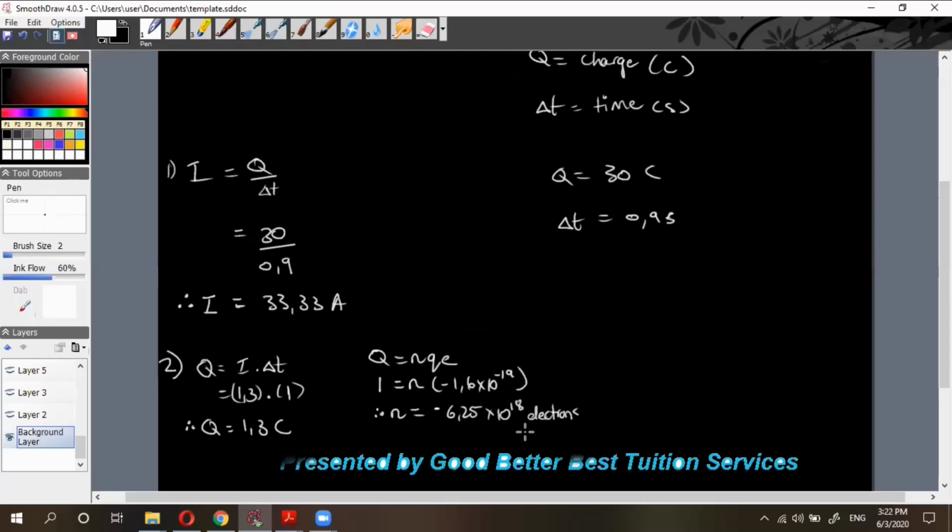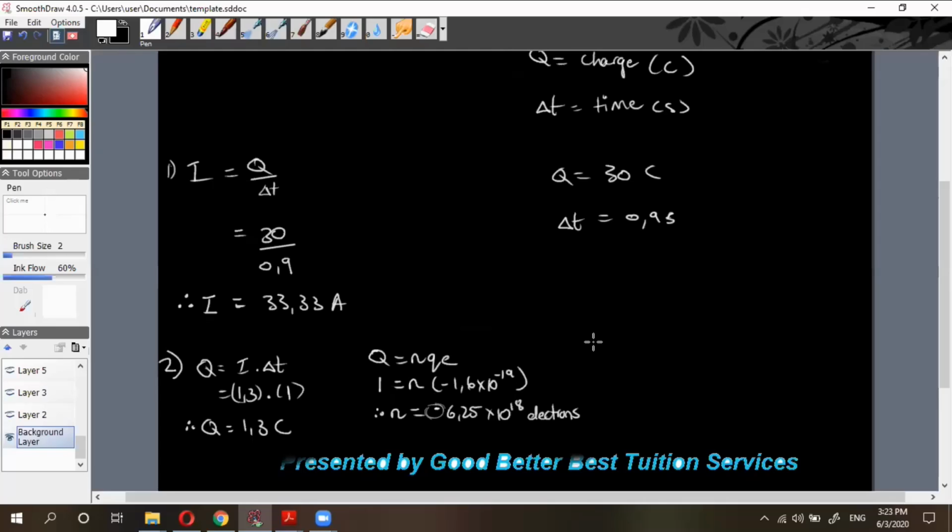So the number of electrons that 1 coulomb of charge has is, if we take out the negative sign for a moment, 6.25 times 10 to the power of 18 electrons. That's the correct answer for the number of electrons that one coulomb is made up of. But we have not 1, but 1.3.